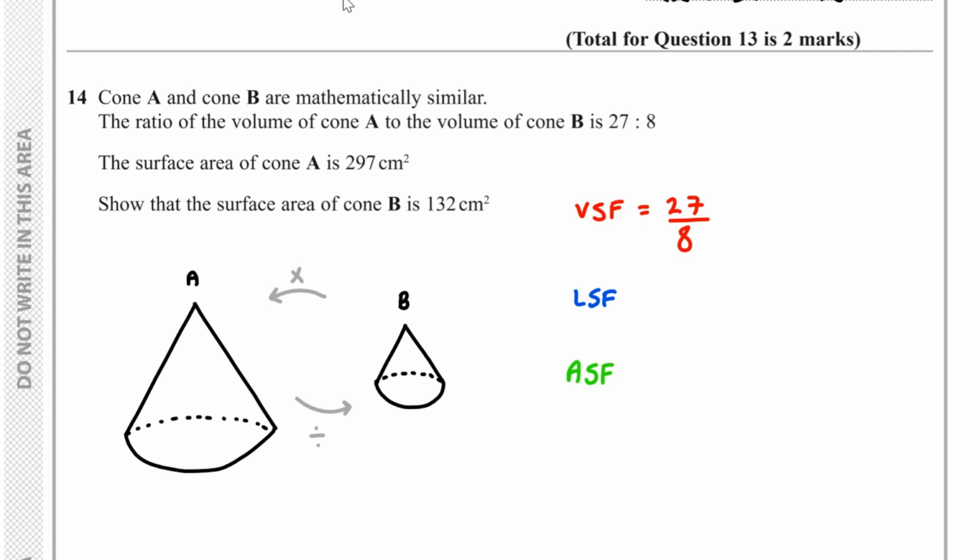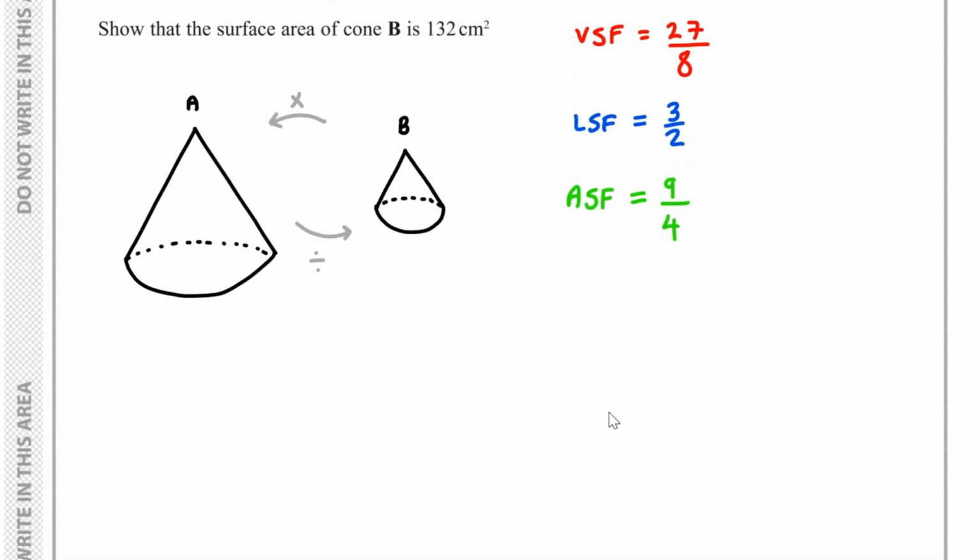The length scale factor is equal to the cube root of 27/8, which is 3/2. And then the area scale factor is equal to length scale factor squared. So here we've got 3 squared, which is 9, 2 squared, which is 4. So the area scale factor is 9/4.